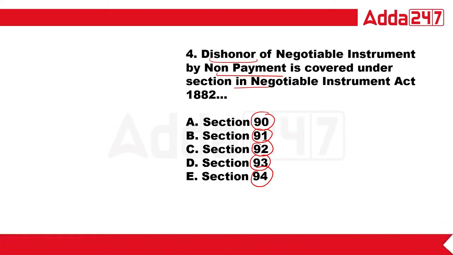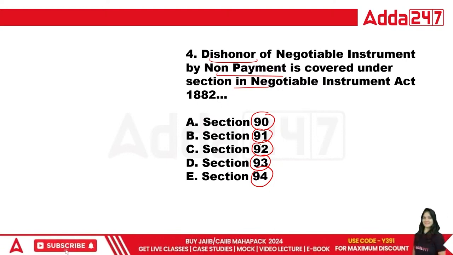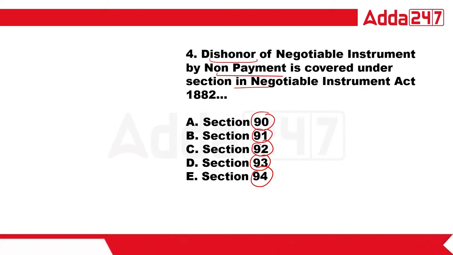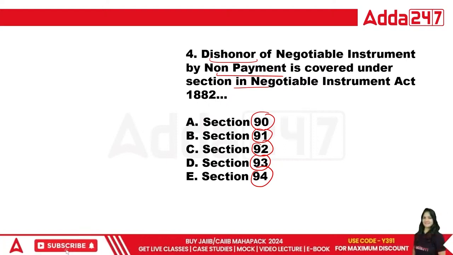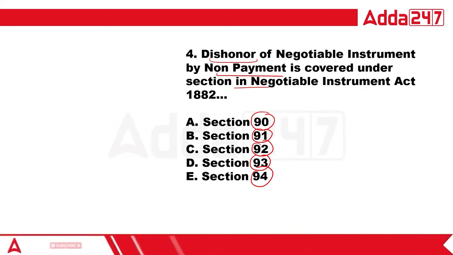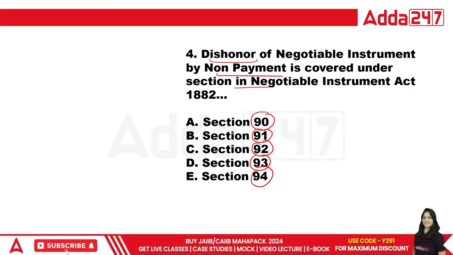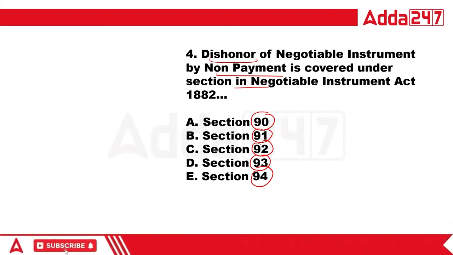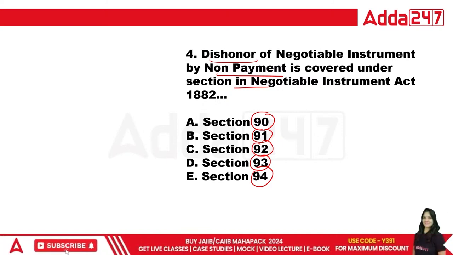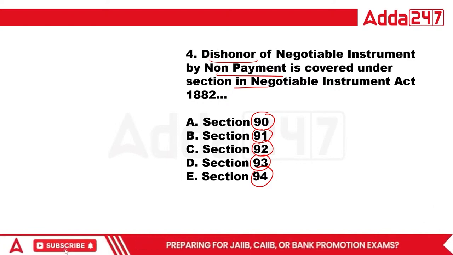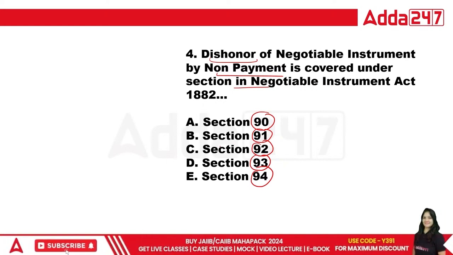Dishonor of NI is covered under which particular section? This is given in Section 92. You have to remember this, okay?